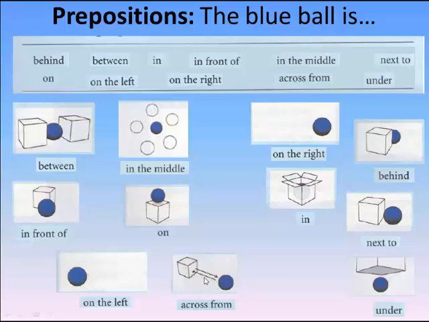But the drawing is not very specific. I included one here. If you say that the ball is across from the box, it means that between the ball and the box, there is something. In this case, the something is a road. It could be a table, but the moment I use across from, it means that between these two things, there is something different.